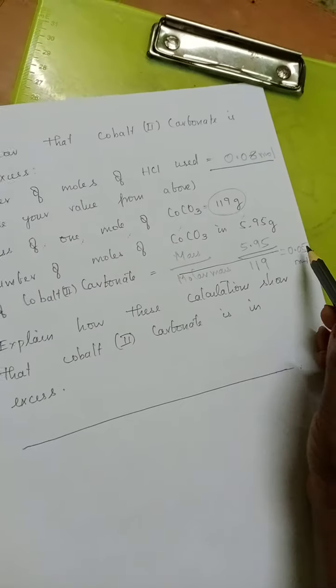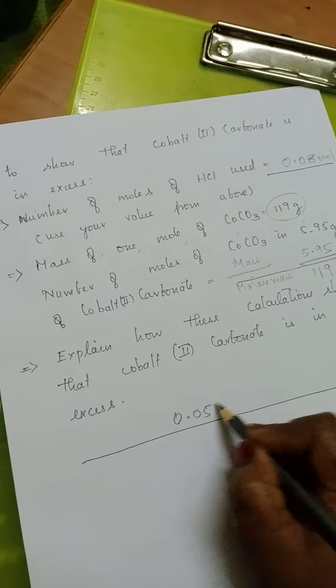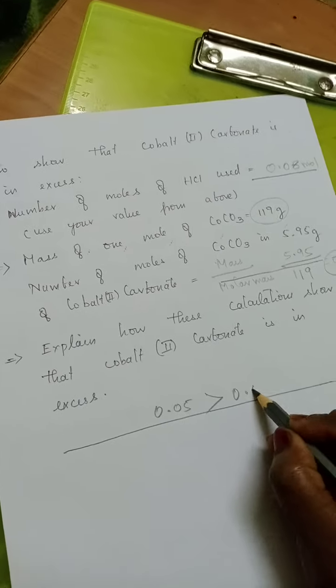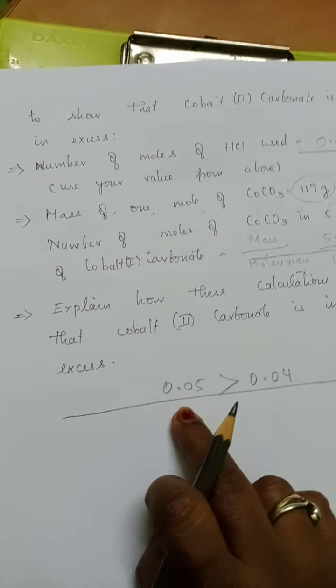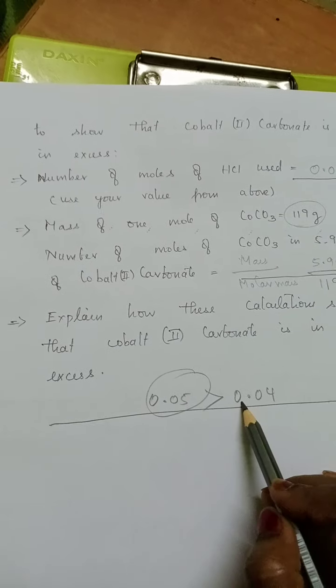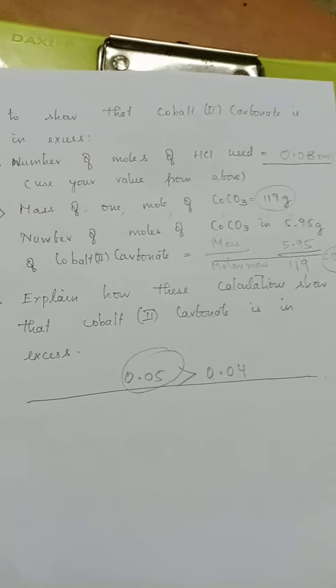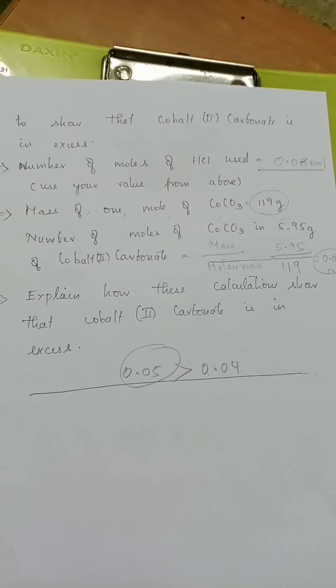But what we found here, the number of moles is 0.05. The 0.05 is greater than 0.04. So we say the cobalt carbonate is in excess, because it is more than what we found from the chemical equation. Got it? Thank you so much, children. Thank you for watching the video.